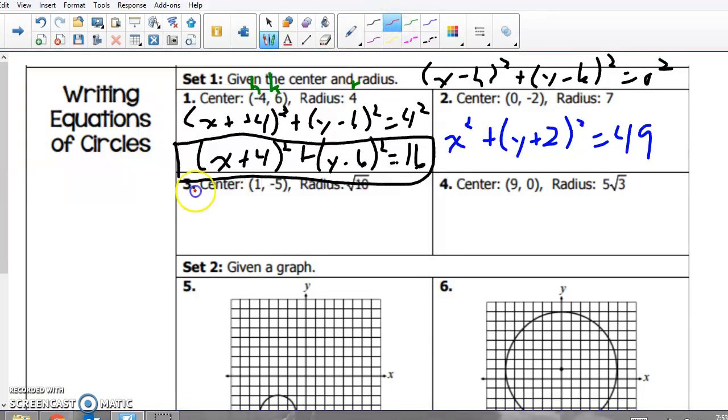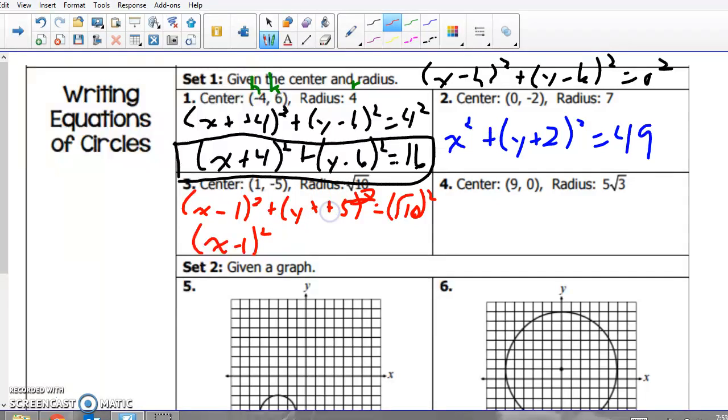Okay, so it's going to become my center, x minus 1 squared plus y minus negative 5 squared equals the square root of 10 squared. Okay, so we can't do anything with x minus 1. That's going to stay, so it's just going to be x minus 1 squared.